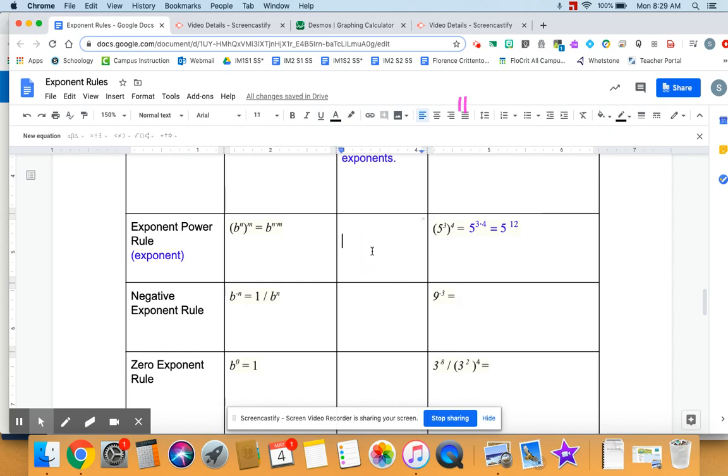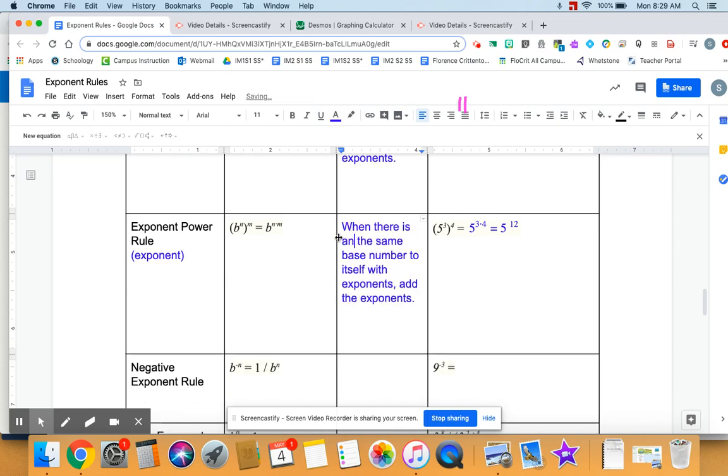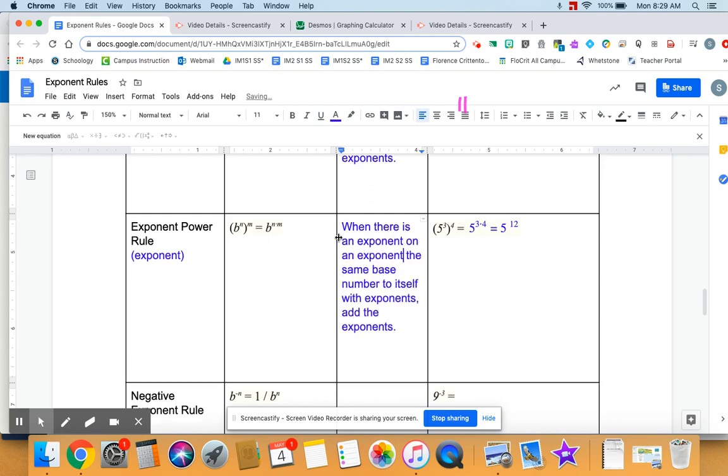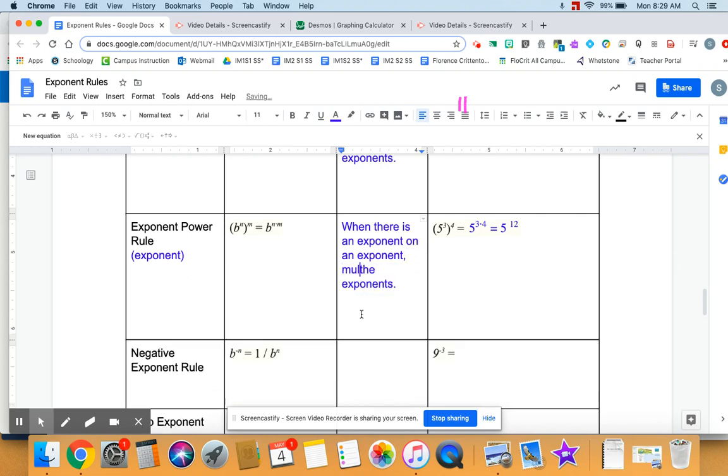So if I were to paste my little phrase, it's when there is an exponent on an exponent, then you end up multiplying the exponents.